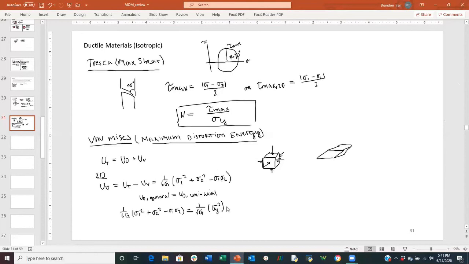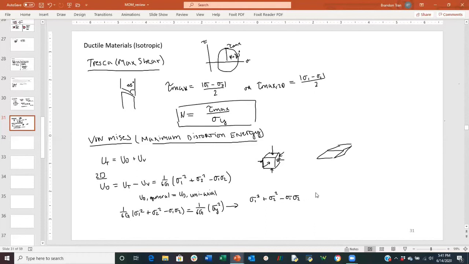Essentially, what that outputs is the following criteria that must be met for failure to occur or not occur. On the left-hand side, the 6 times shear modulus basically cancels out, leaving sigma 1 squared plus sigma 2 squared minus sigma 1 times sigma 2.